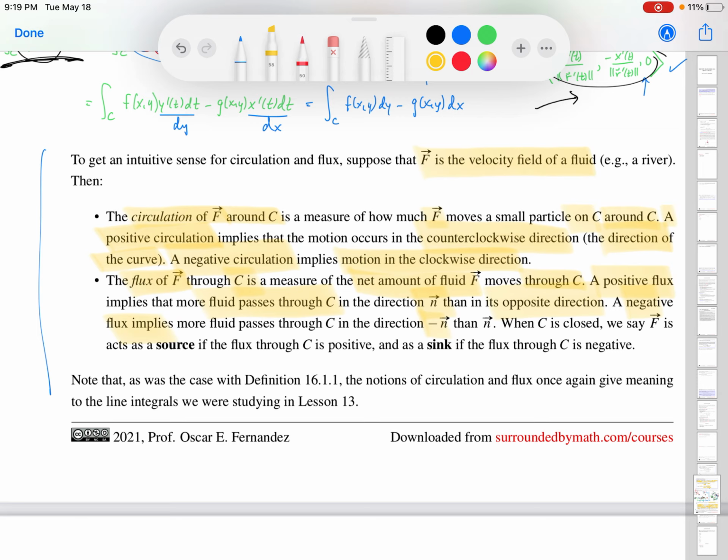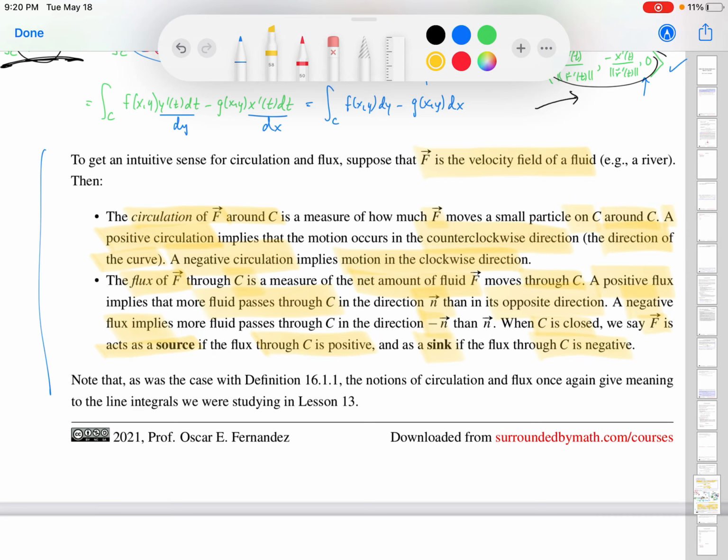I'm thinking again here of C as closed, but it need not be. When C is closed, we say that F acts as a source if the flux through C is positive. We'll soon relate this to the vector fields we've been seeing in the previous module. Or a sink if the flux through C is negative. This should kind of make sense.